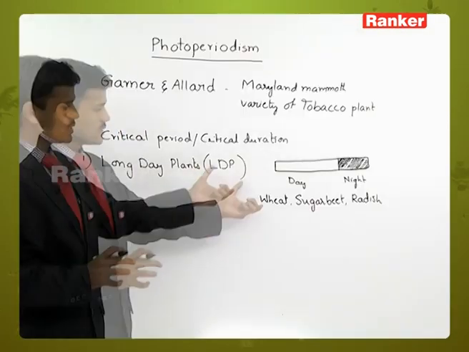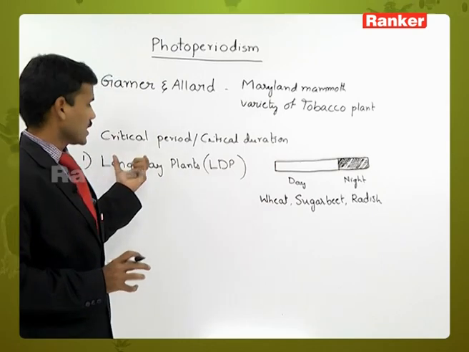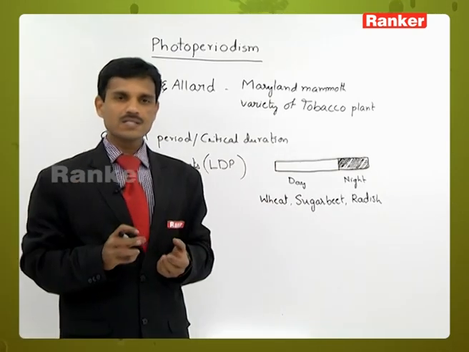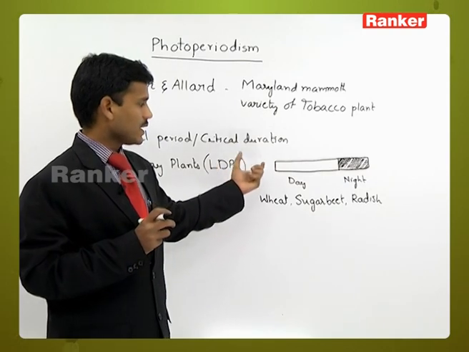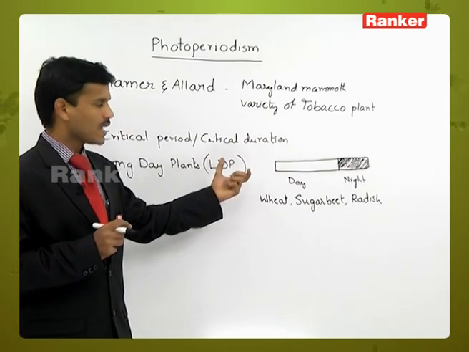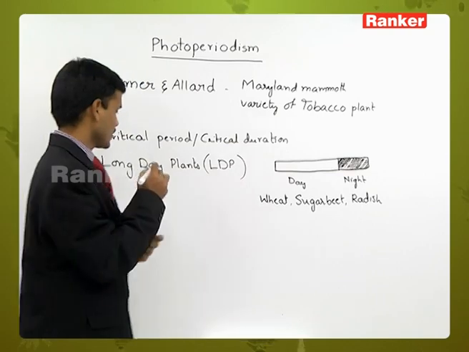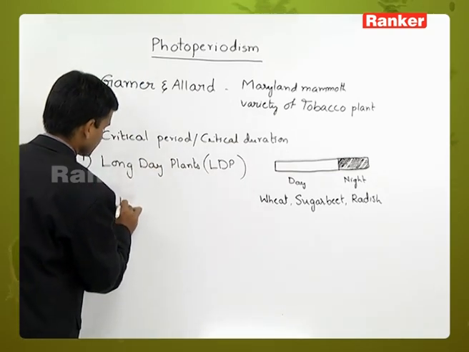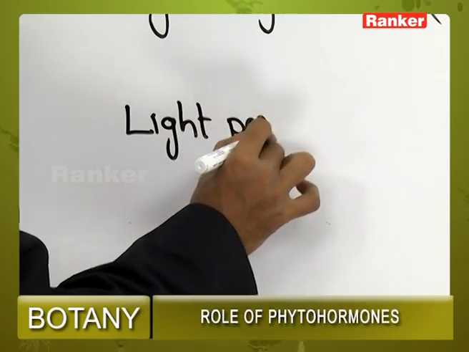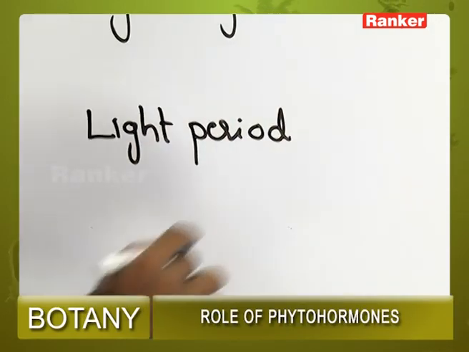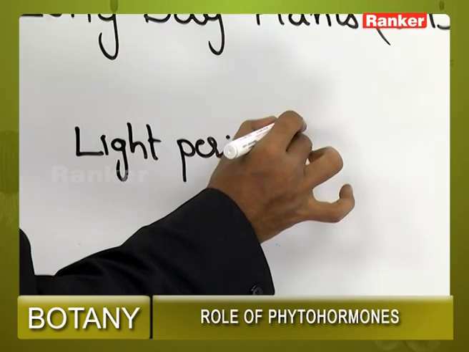These are examples of long day plants. Long day plants require a long light period, or day period, and it should be more than the critical duration.